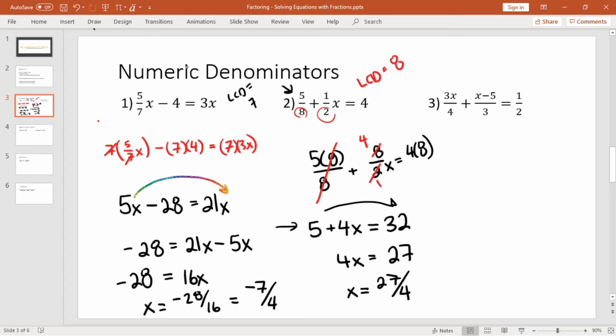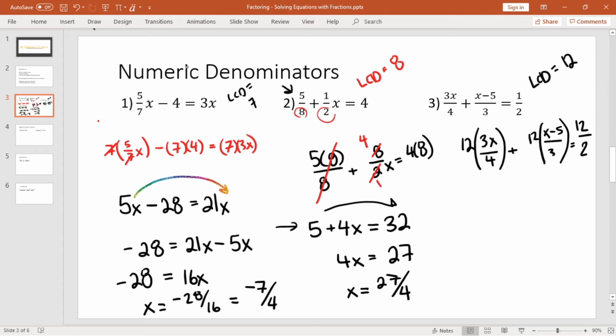All right, let's look at number 3. In this case, for my LCD, I need 4, 3, and 2 to go into it, so my LCD is going to be 12. And same thing, so even if I just, no, I'll rewrite it. I was going to be lazy and do it on top, but that's not going to work. So 12 times 3x over 4 plus 12 times x minus 5 over 3 equals 12 times 1 over 2.